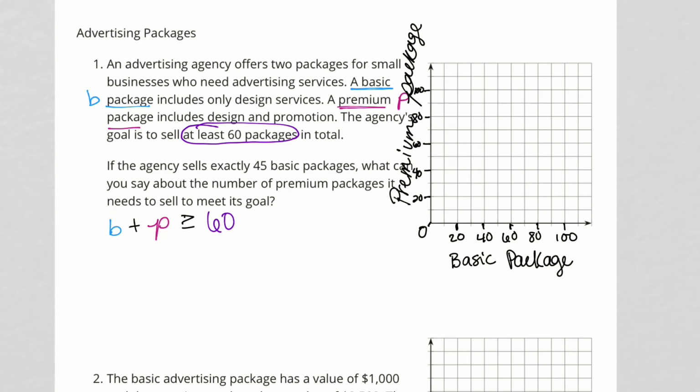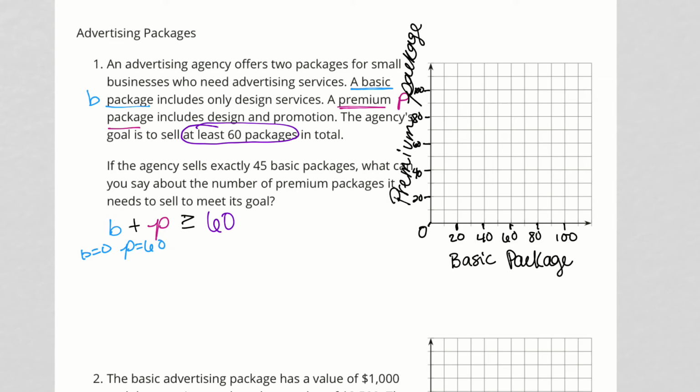How do we want to graph this line? X-Y-intercept form? Or just one or the other? So let's find our x and our y intercept. When B equals 0, what does P equal? 60.